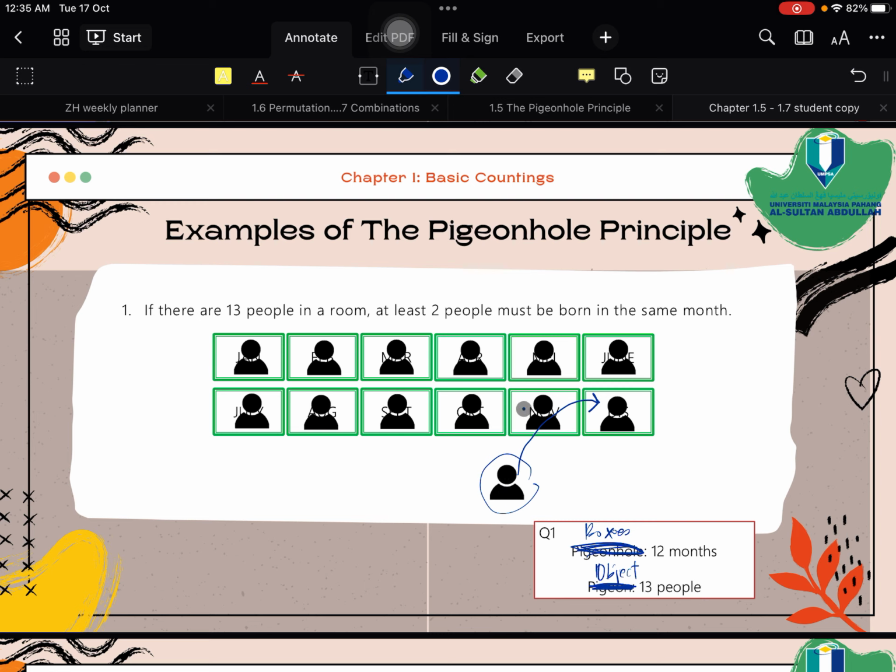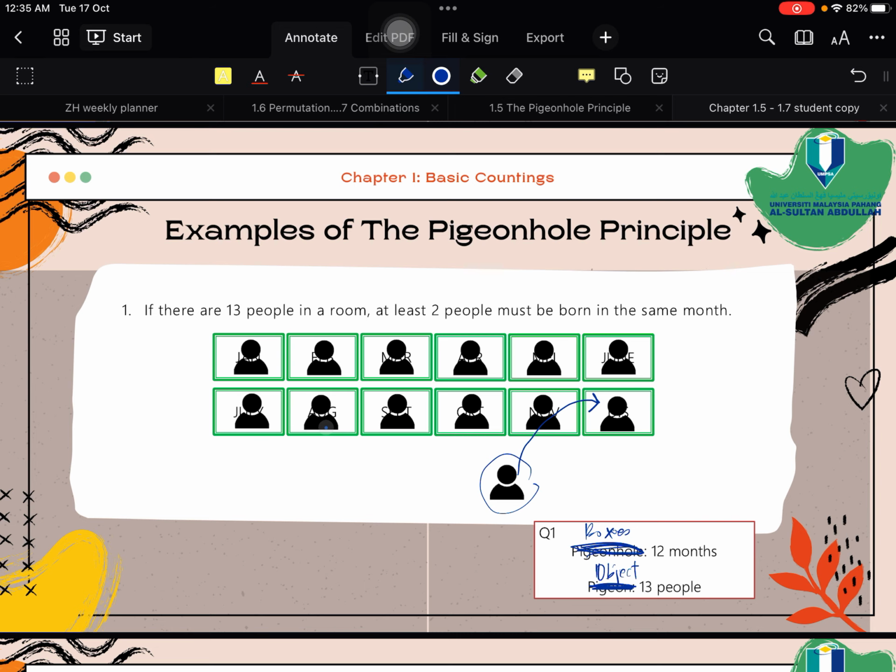Mungkin dia sama bulan dengan orang December tadi, ataupun dengan orang March tadi. Dapat tak? So this is the pigeonhole principle. If you have more objects than the boxes, one of the boxes will contain 2 or more objects. In this case, the boxes are 12 months and the objects are 13 people.